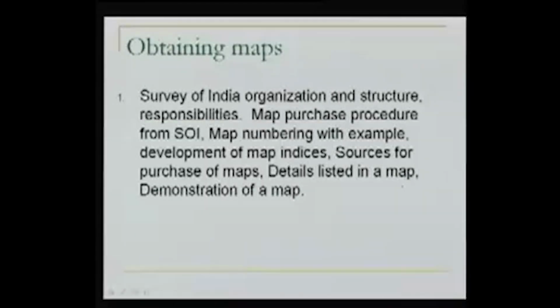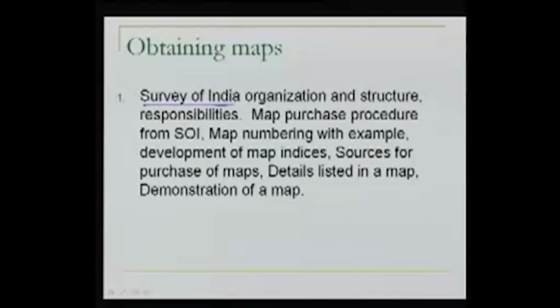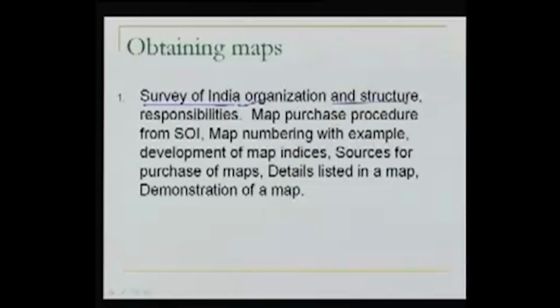We would like to cover in this, as you can see here, the Survey of India organization. In India, the main organization for mapping is Survey of India. We will see what this organization is, its structure and its responsibilities. We will see how we can purchase a map from Survey of India. They follow a particular map numbering system.